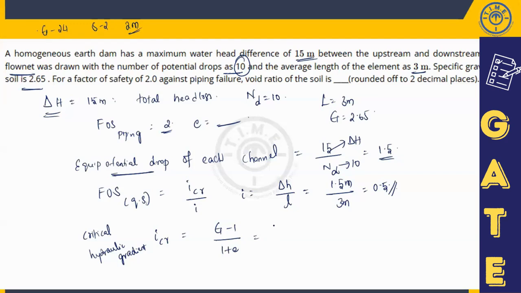But we are given factor of safety to be 2. 2 equals i critical upon i, where we got i equal to 0.5. i critical is equal to 2 times i, that is twice 0.5 is 1. We got i critical is 1. We know G is 2.65. From this, please substitute and tell me the answer of e, my dear students.